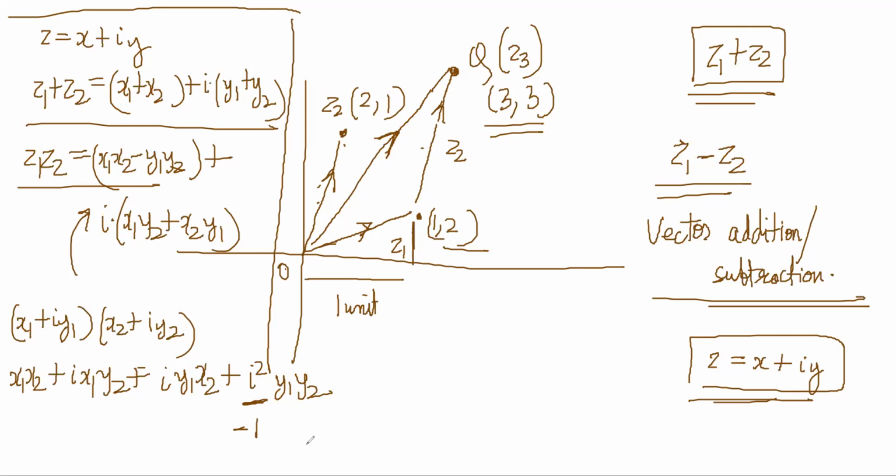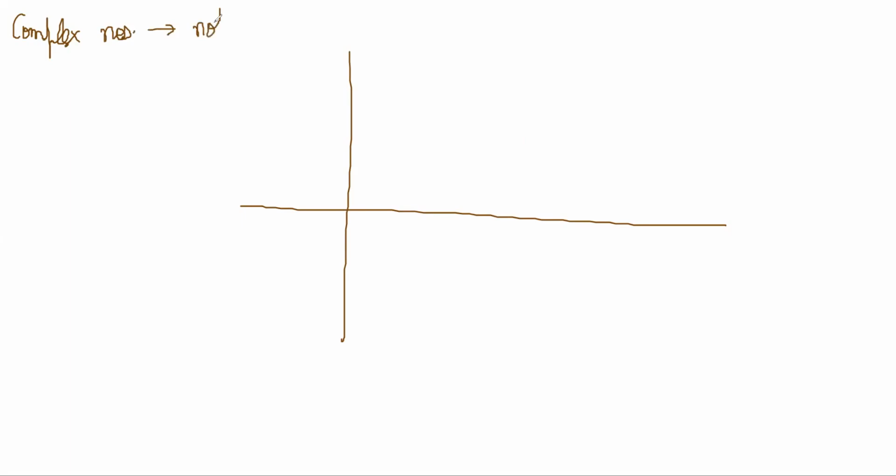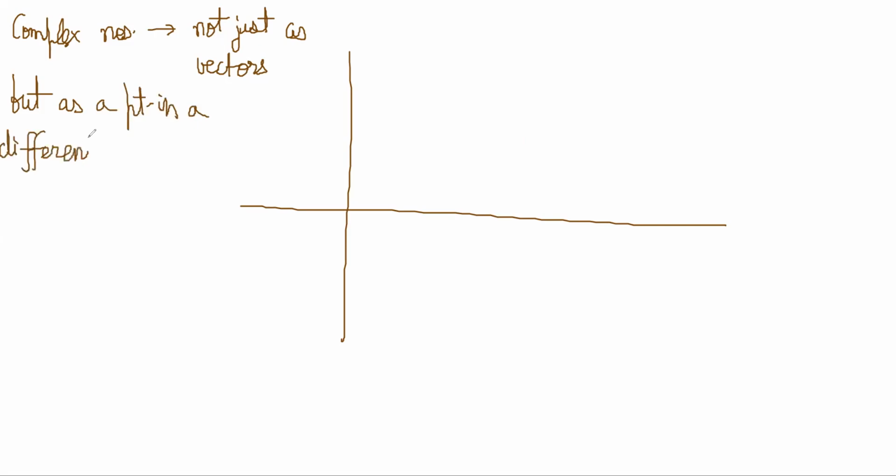So now what we will do is we'll try to understand complex numbers not just as vectors, but as a point in a different coordinate axis, different coordinate frame.